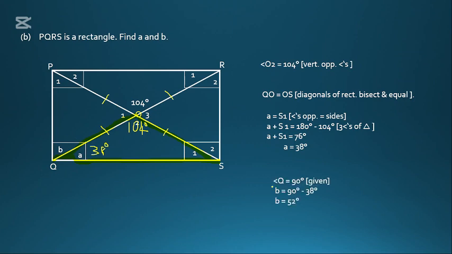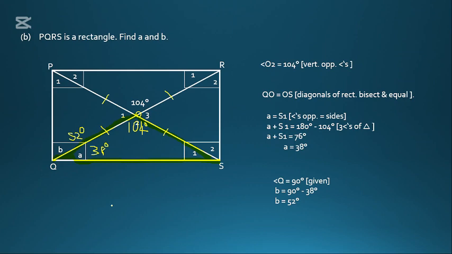Q is equal to 90 degrees, given. The box is given to us. It's telling us that this angle Q is 90 degrees. Subtract and we get 52 degrees. So this angle is 52 degrees. Right.